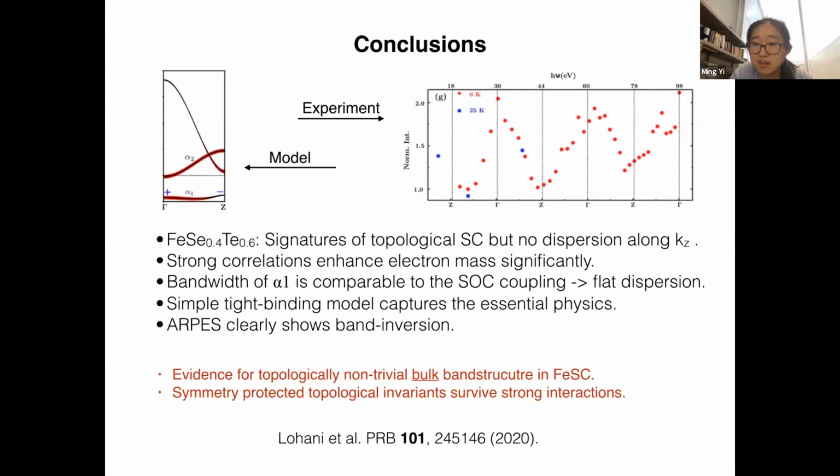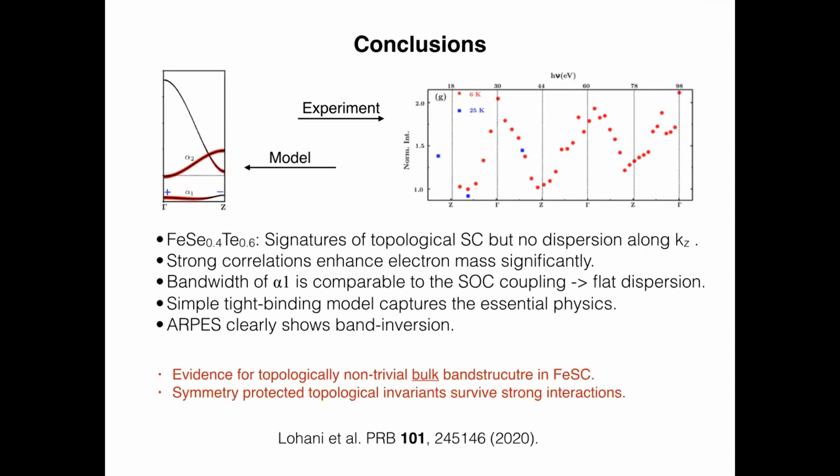I see one more hand, Andreas. Hey, I have a question regarding this plot you have been showing, where you follow the intensity of the XZ, YZ orbital and show that the intensity is lower at the Z point than at gamma. Now, have you made an attempt to do the opposite, to detect the PZ orbital?